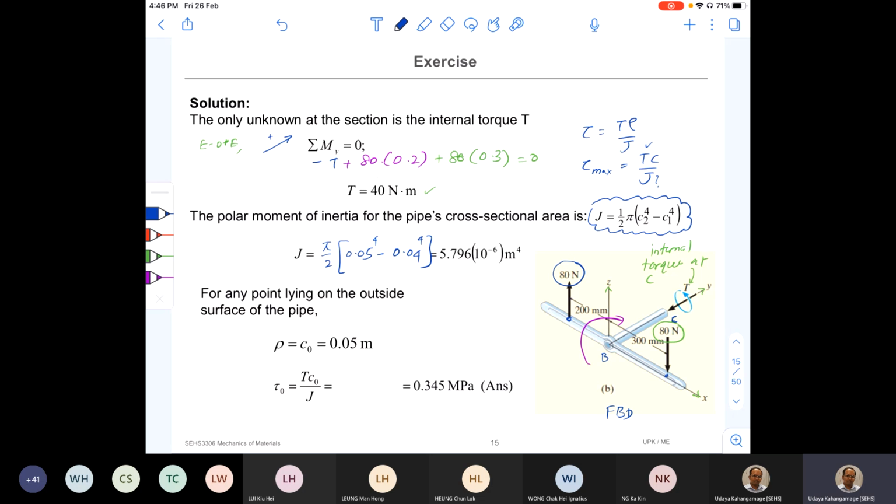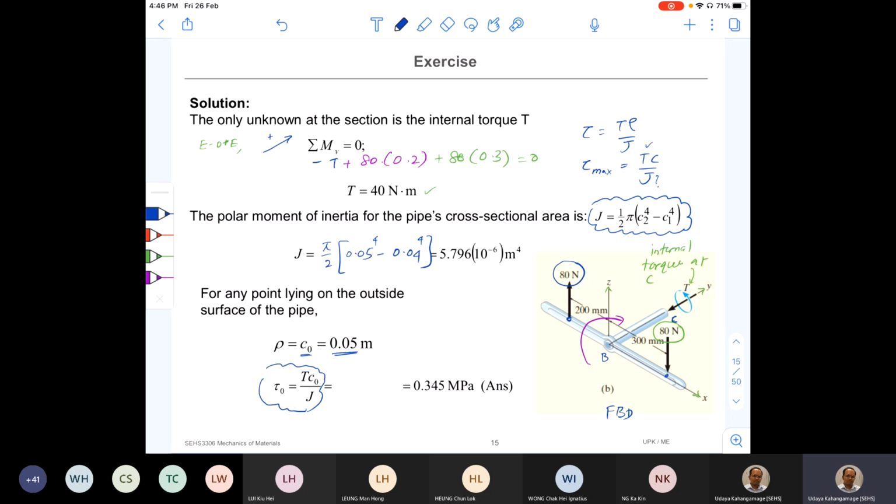That means when rho is equal to c_o, the outer radius. So I use this equation. This is the outer shear stress.